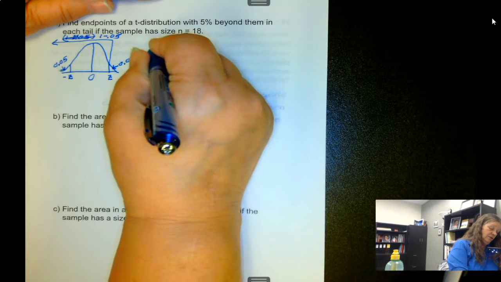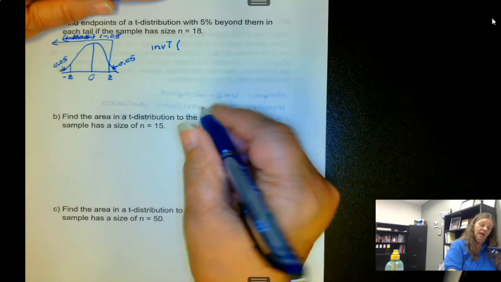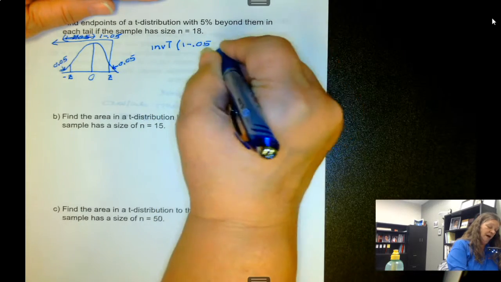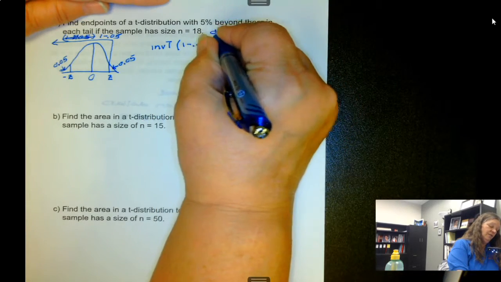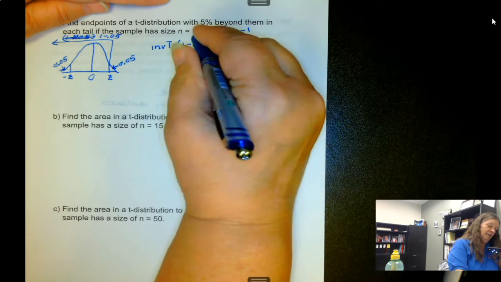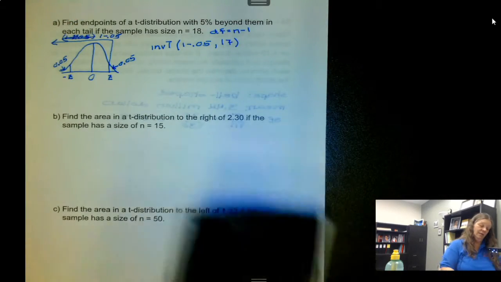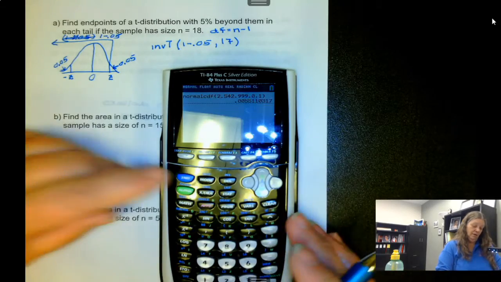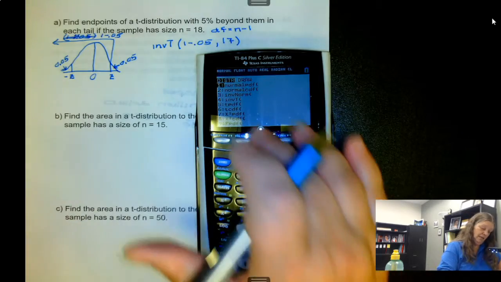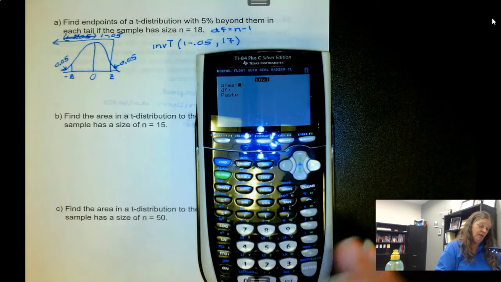And we're going to use inverse t. Area to the left is the 1 minus 0.05. And now we have to include degrees of freedom. Degrees of freedom is n minus 1. So 18 minus 1 is 17. So we go back to the second vars. Inverse t, you may or may not have it on your calculator. If you do, it's option number 4.